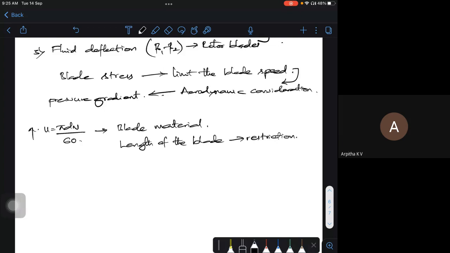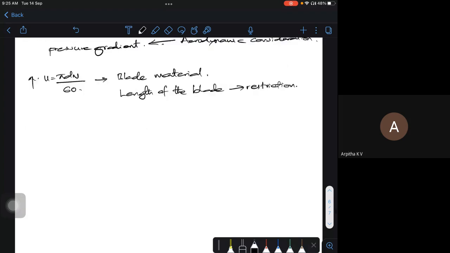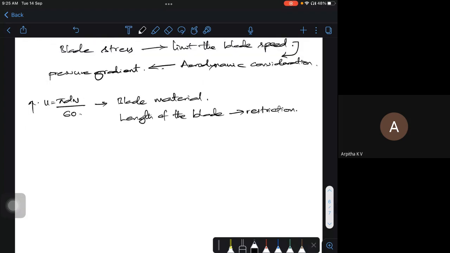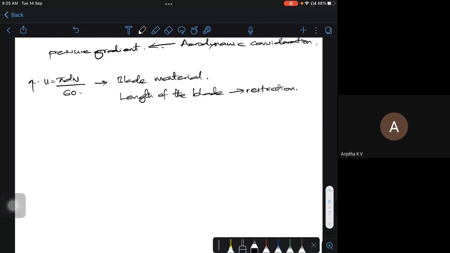So the root of the blade becomes very critical. We need to look at the centrifugal tensile stress under these conditions.